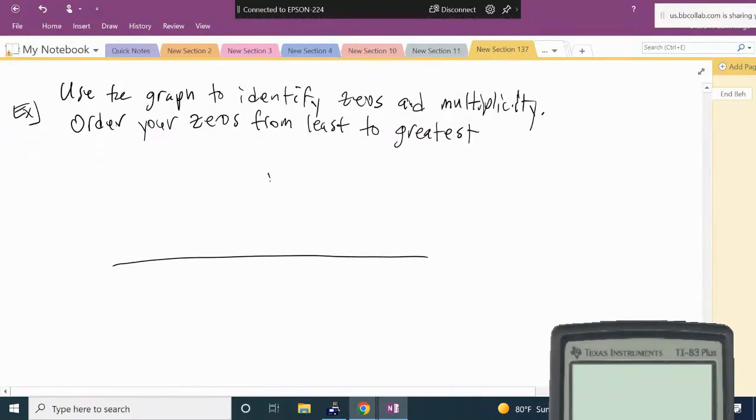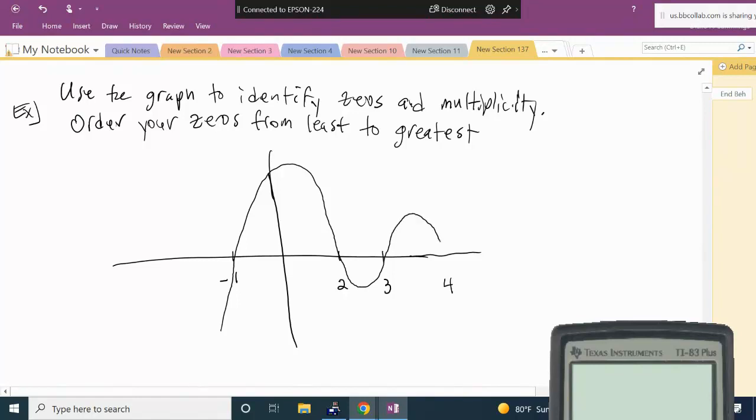Okay, and I'm going to try to reconstruct this. All right, so I'll give you a second to reconstruct that.